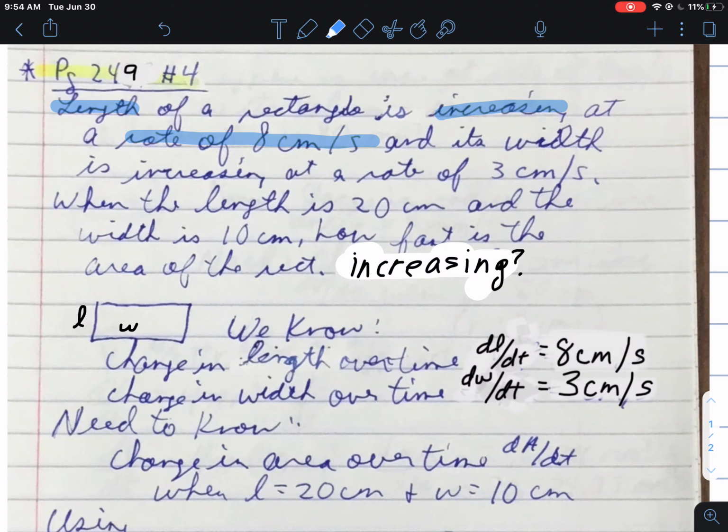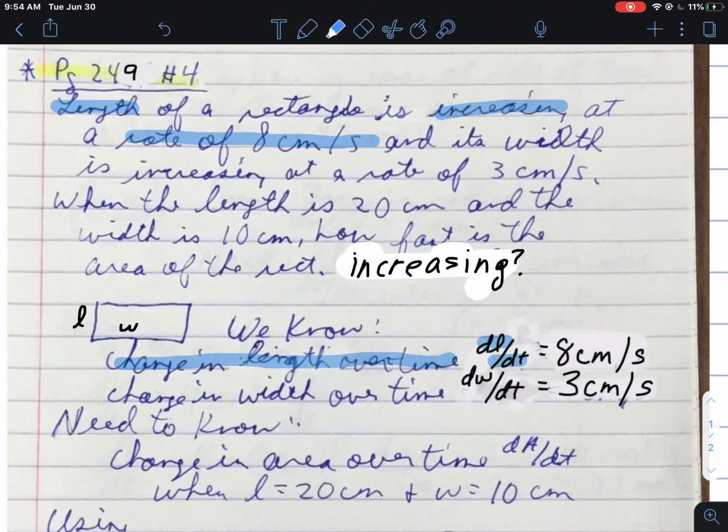So in this case, the length is changing. I'm getting a change in the length of the rectangle over time, so as time changes. So what I'm doing then is I'm labeling this, the change in the length over time, as dl dt. The length changes as time changes.